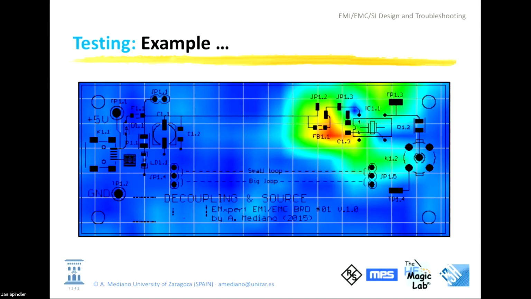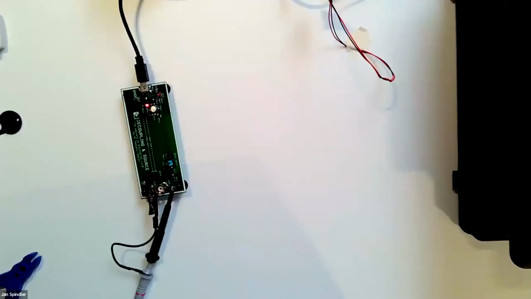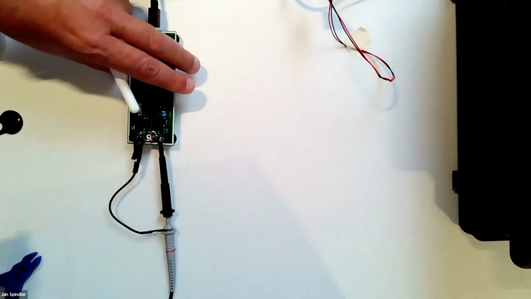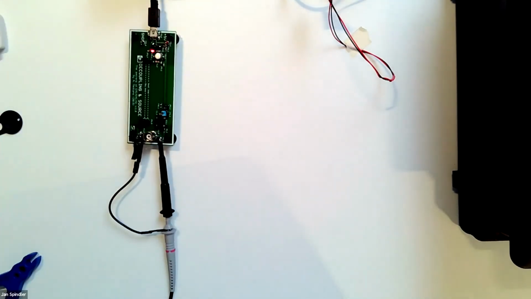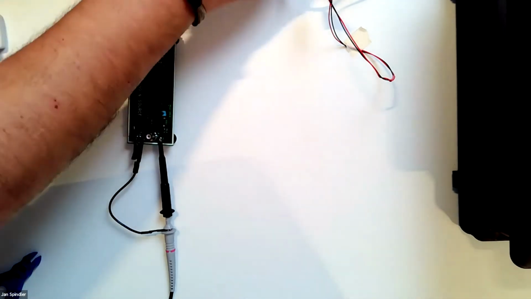Okay, let me show you how is the signal. The first thing to do is to look at the square wave signal, something like this. Let me show you what I see with the camera. This is what I am doing. Okay, you can see here, and let me switch on this one.